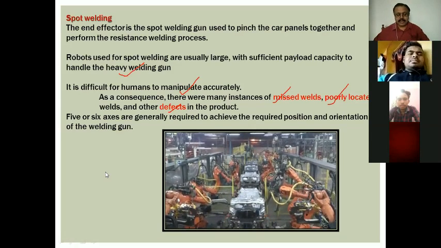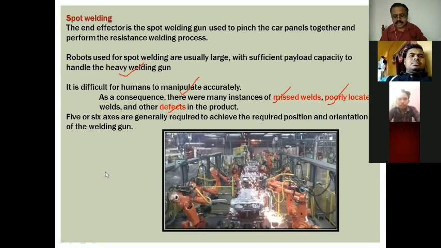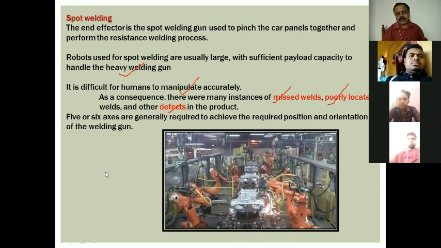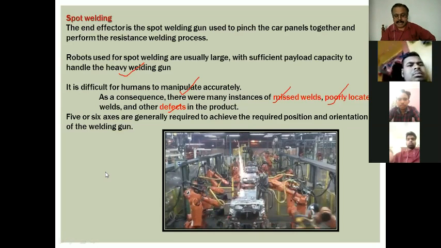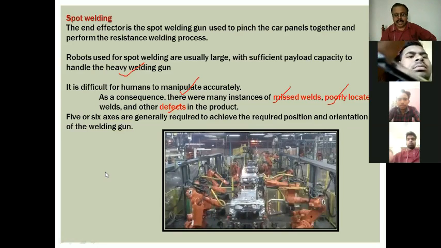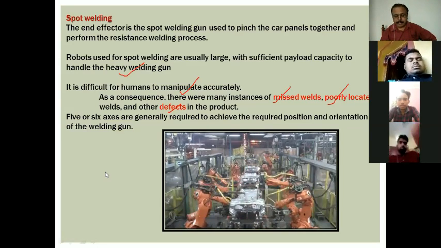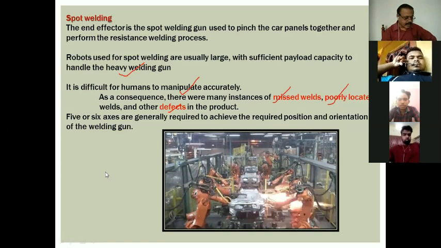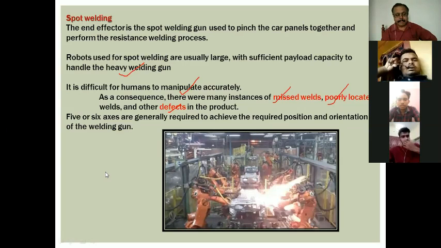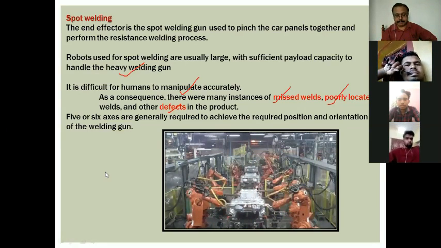Robots are equipped with spot welding guns. You can see that two electrodes are there. Basically, it's a resistance type of welding. Simultaneously, all the robots are carrying out the work on the car frame. Within seconds, the complete car frame is ready and it is defect free.